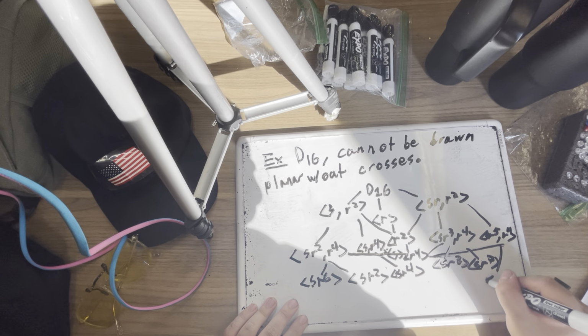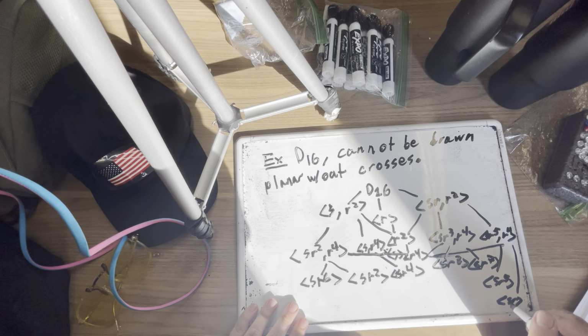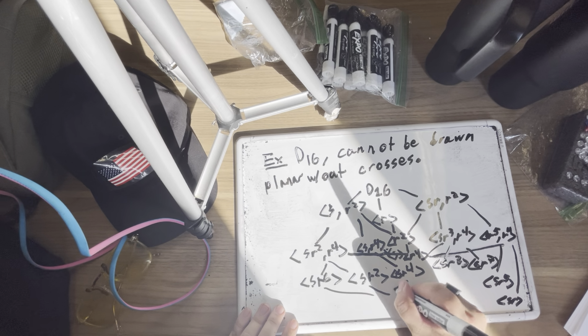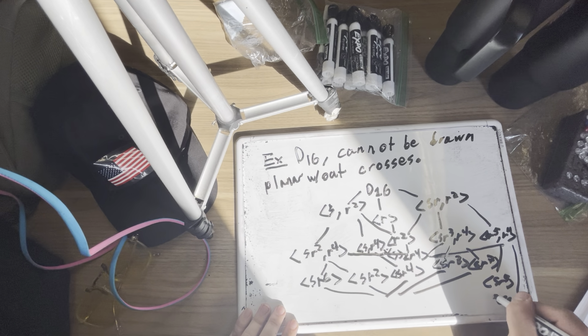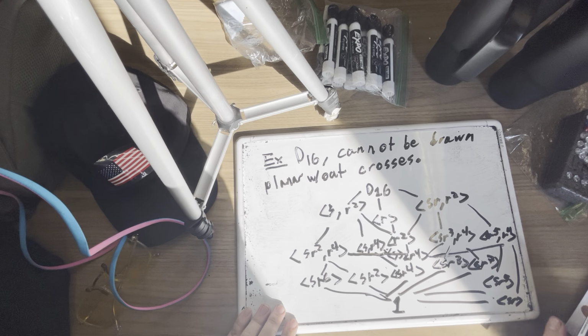This has SR to the power 5 and SR. And all of these, of course, you could probably guess what they connect to. And if you guessed the identity, you'd be correct.